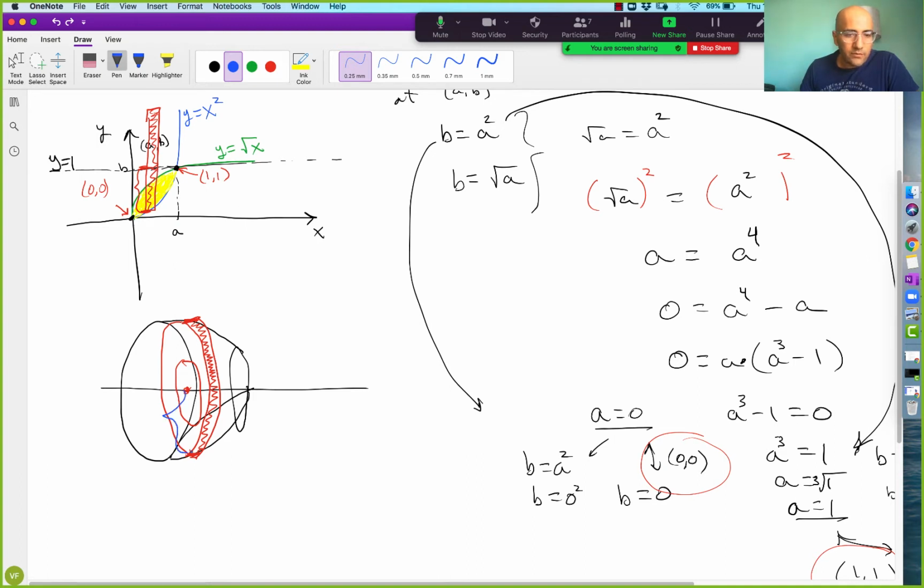From there out to there, that is going to be the outside radius, right? If the green coin wasn't there, and I was just rotating that, I would get a solid bowl, and then when I cut it, I would get solid coins. So that distance right there is going to be 1 minus the y value, right? The y value of the blue line.